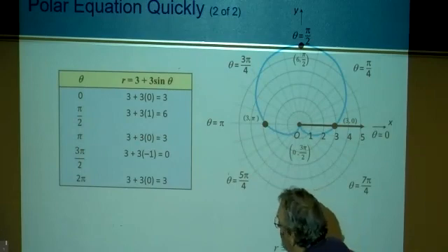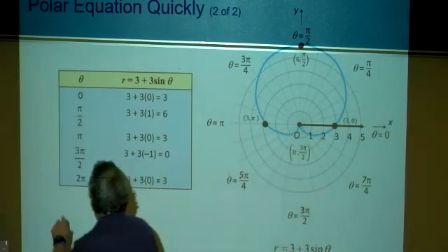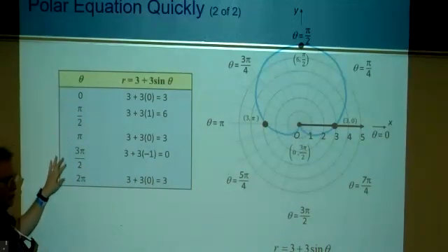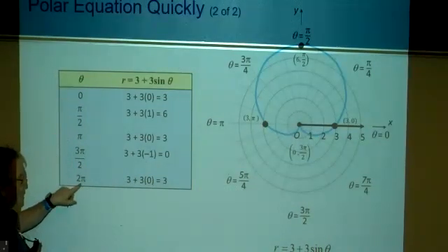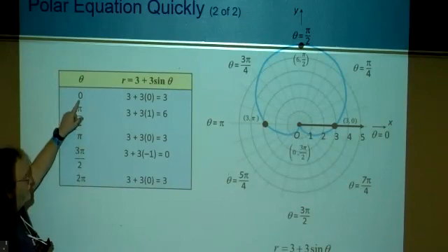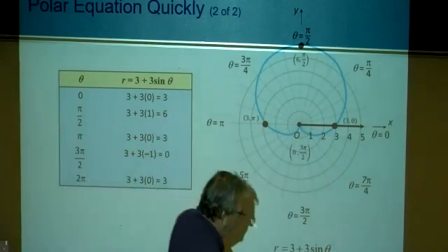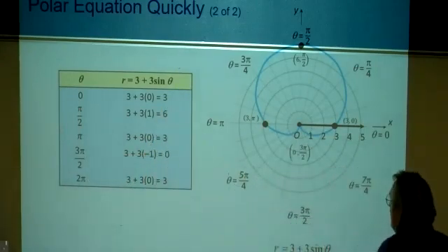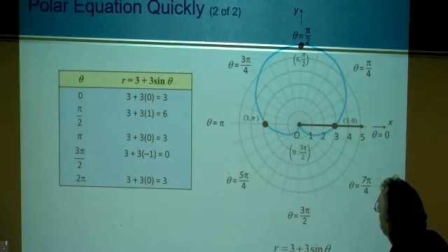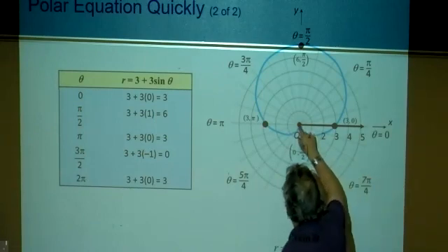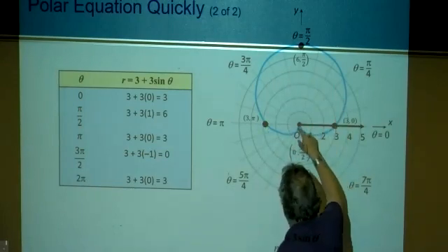They just looked at the quadrantal angles, realizing that 2 pi and 0 wind up at the same place. And so knowing what shape it's supposed to be, then you just draw the cardioid accordingly.